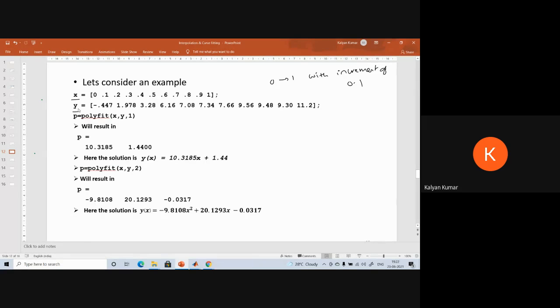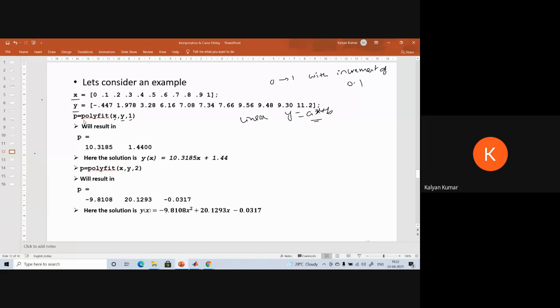In order to get the relationship between y and x, if you want a linear relationship, that is y equal to ax plus b, the highest order of x is 1. Therefore, for the polyfit function, the input that we have to give is x values, y values and the order of equation, 1.